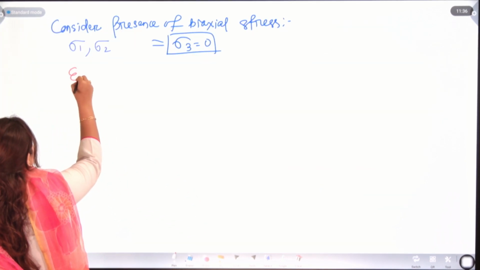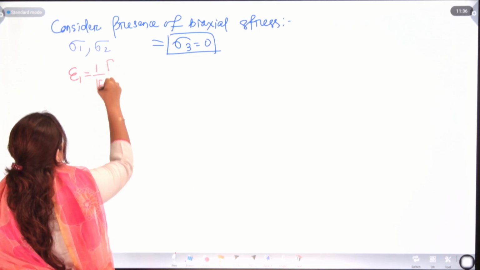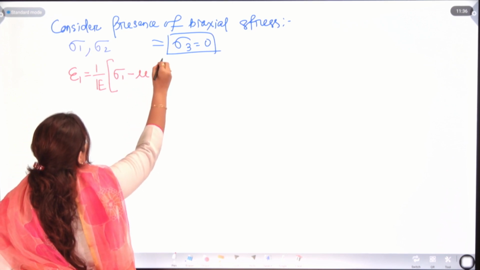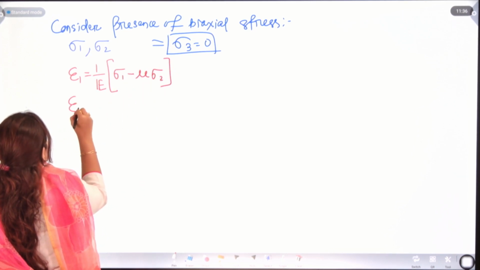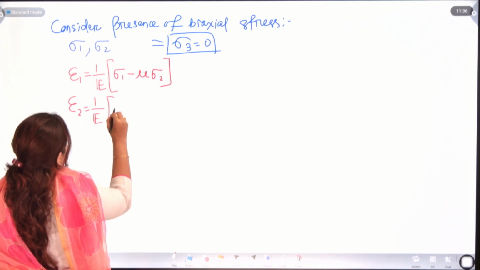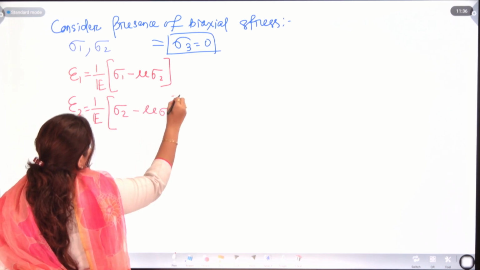So, we will have epsilon 1 is equal to 1 by E into sigma 1 minus mu into sigma 2. Epsilon 2 is equal to 1 by E into sigma 2 minus mu into sigma 1.